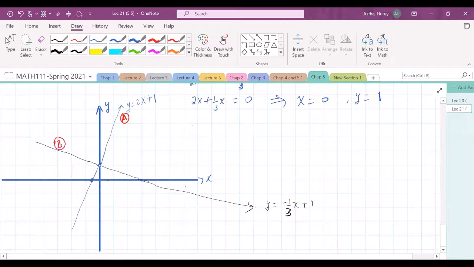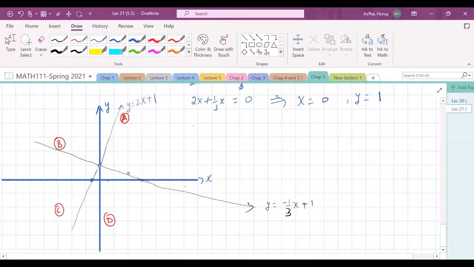Let's call this region B. Then region C, which is this part, and then region D. Now the question is, which of these is the solution to the system? It could be this one, this one, this one, or this one.